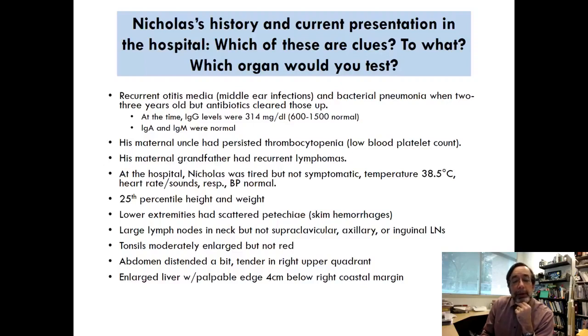There were large lymph nodes in his neck, but not in his supraclavicular, axillary, or inguinal lymph nodes. His tonsils were moderately enlarged but not red. Again, you have this sort of low-level constant activation. It's sort of chronic rather than acute. His abdomen is distended, tender in the right upper quadrant, and so his liver was enlarged, with a palpable edge 4 centimeters below the right costal margin.